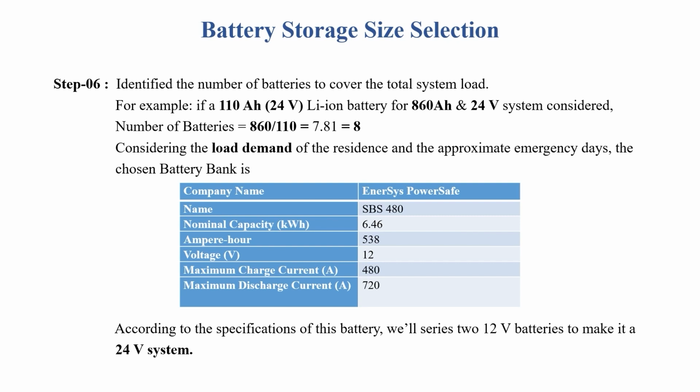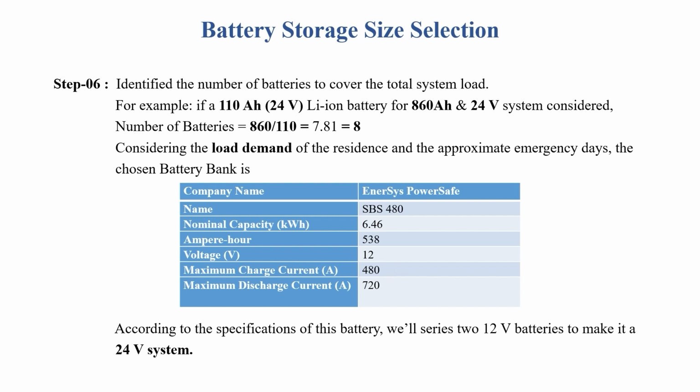In step 6, we need to identify the number of batteries which we need to back up our system. If we consider a 110 ampere-hour lithium ion battery for our system, and as our total consumption is 860 ampere-hours and our system is 24 volt, we need 8 batteries to back up our whole system.